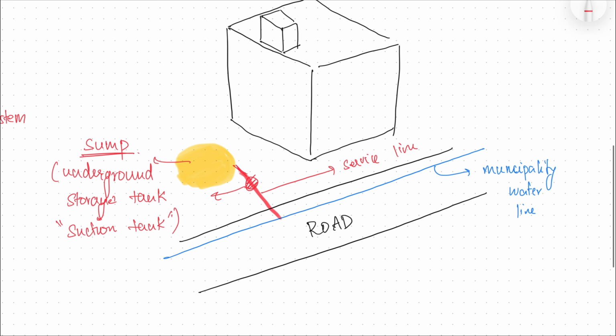So first the water is filled into the sump, and from the sump you use a motor or a pressure booster pump, and then you supply it to the overhead tank.